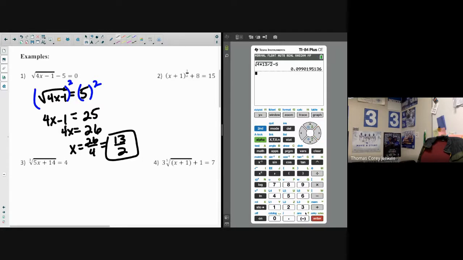And I must have typed that in wrong. So let me try that again. So second square root, and then 4 times. And then let's try the fraction button, see if that works out a little better. So that's alpha y equals option 1, and then 13 over 2.